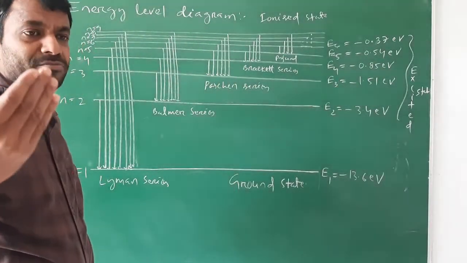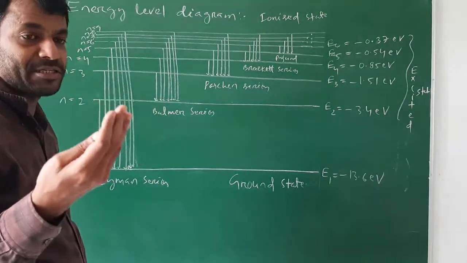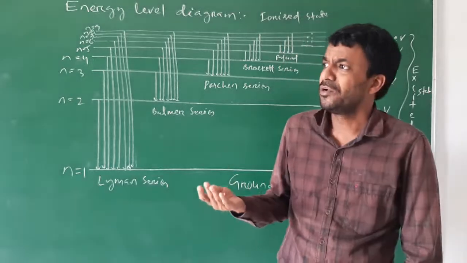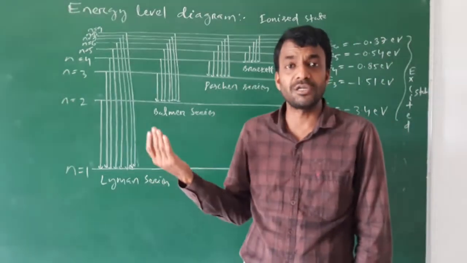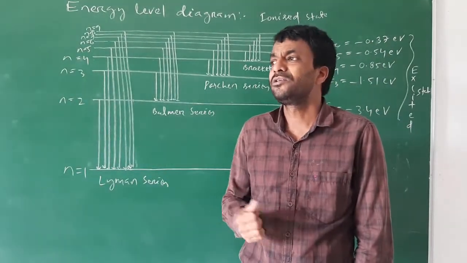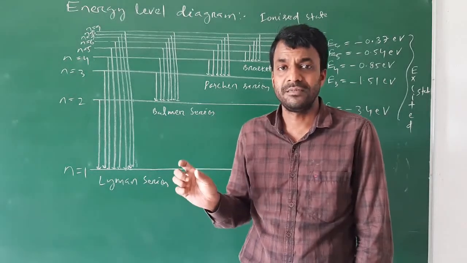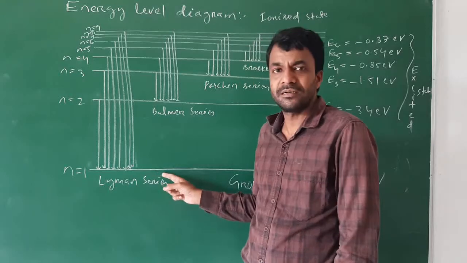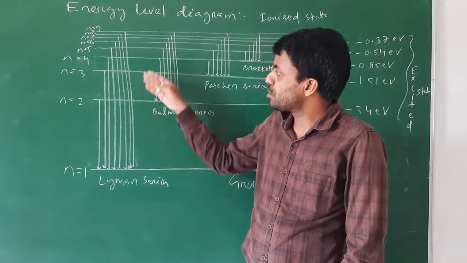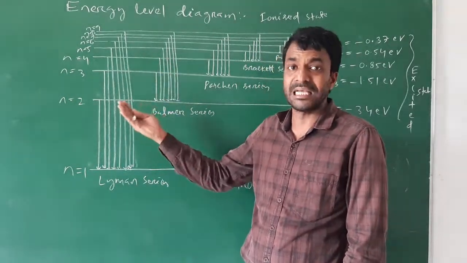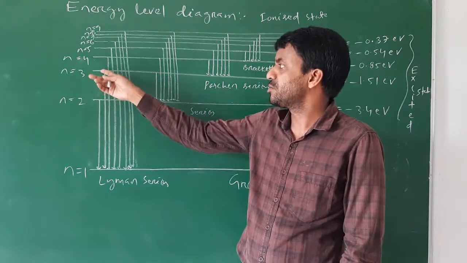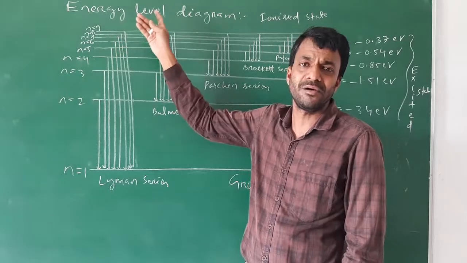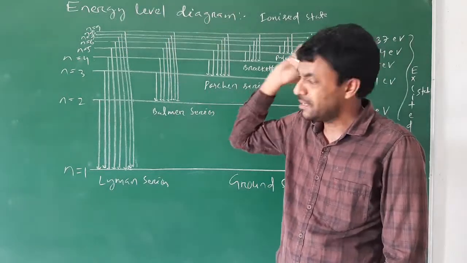Now first comes the hydrogen spectrum, the Lyman series. According to the definition, when an electron jumps from a higher state to the ground state, its final state must be the ground state, but the initial states are either 2 or 3 or 4 or 5 or 6 or 7 or 8 or 9 or infinity.